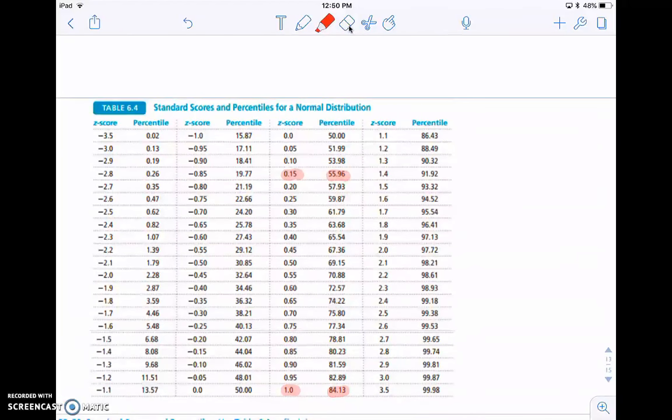But if you're below the mean, then say your z-score is negative 0.3 as an example, then you'd be the 38.21 percentile. Then you can flip that around and say, suppose that I am the 75th percentile. Where would I range as far as being above or below the mean? What would be my standard z-score?